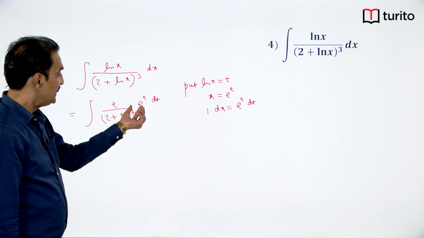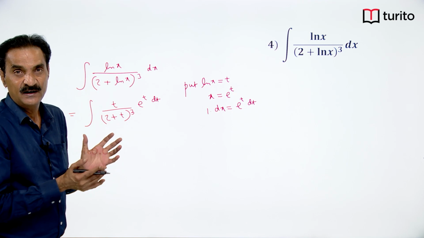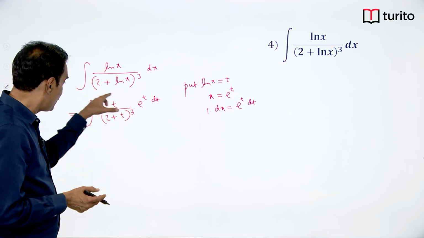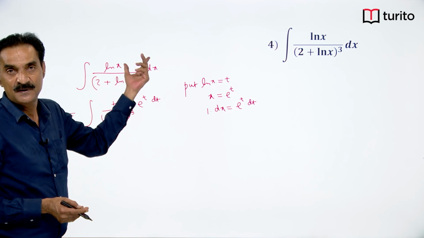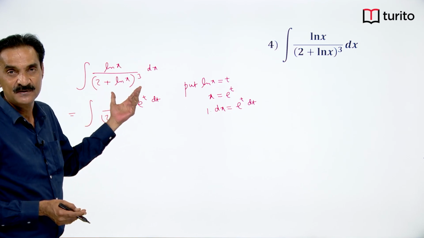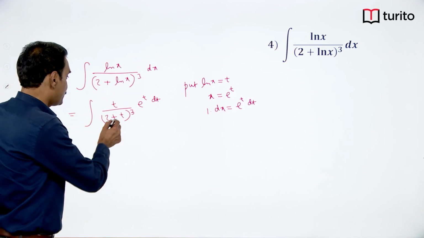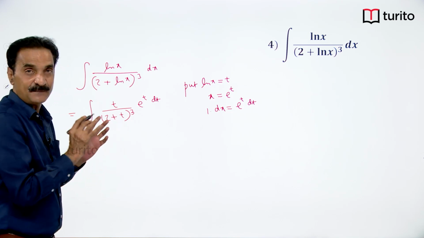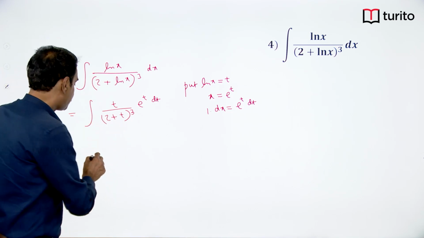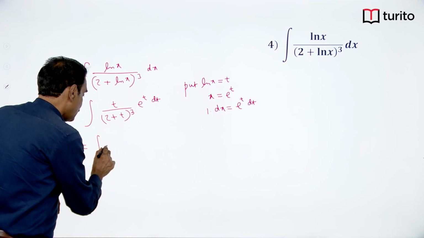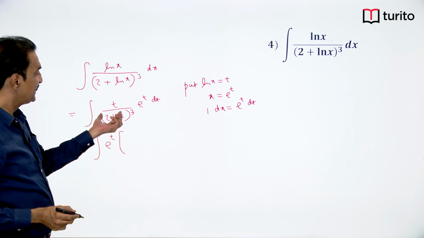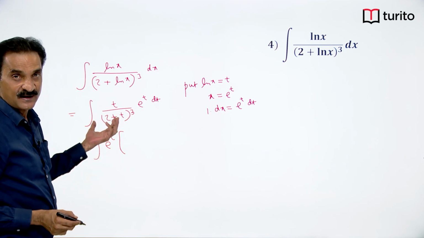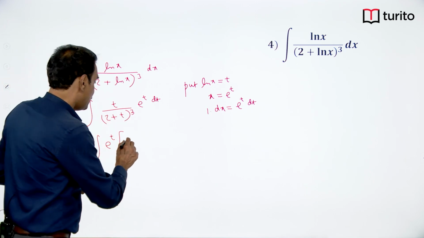Now, whenever e power t is there in the integrand, we try to write the remaining function in the form of f of t plus f dash t, so that we can apply the formula which we have discussed in the previous problem. So, we have to write this as f of t plus f dash t, e power t into, how to split it as f of t plus f dash t.